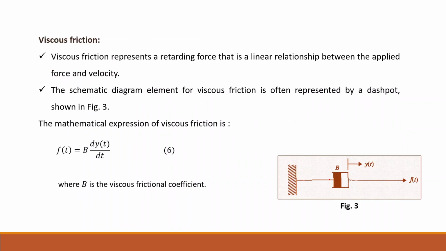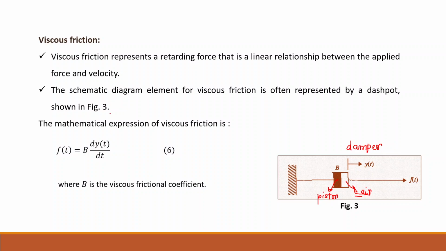So, viscous friction. Viscous friction is when we have a damper kind of arrangement. Here this is the piston, and here we have air.